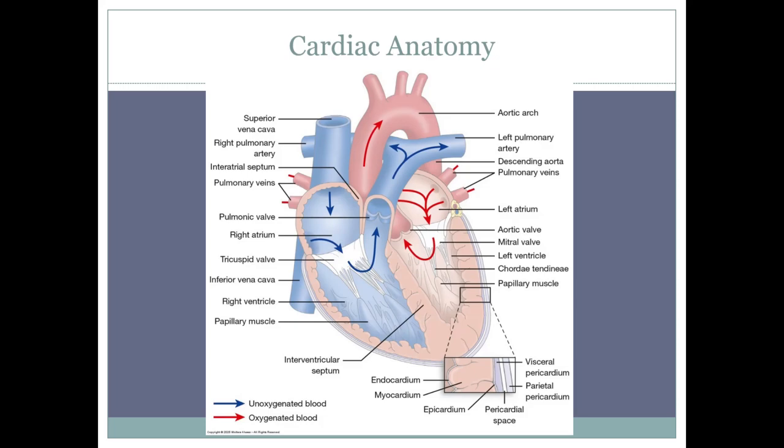Okay, so as a reminder, we've gone through this before, but it always helps for review. And you've had all of this anatomy previously, but as a reminder, our blood comes into the right atrium through the inferior and superior vena cava, goes through the tricuspid valve, into the right ventricle, which then contracts and pushes blood out into the pulmonary artery, the left and right pulmonary arteries. And again, everything in blue is deoxygenated.